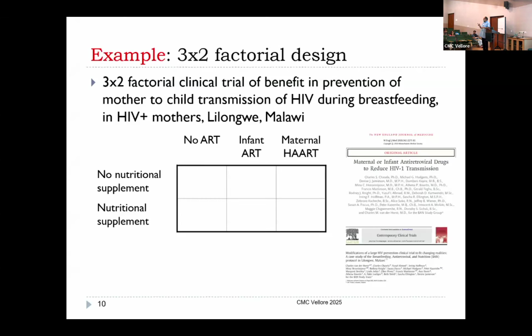As an anecdote, I'll mention that this was very interesting because the nutritional supplement was actually a little cookie that was enriched with all sorts of stuff, but it looked like a cookie. And unfortunately, in Malawi, if a wife has HIV, most likely the husband has HIV. And if they're poor, everybody's poor.